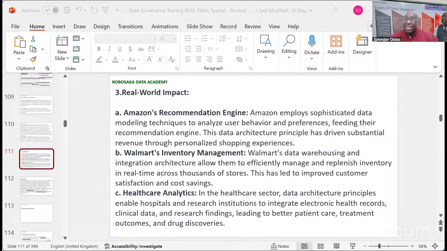We also have healthcare. We've touched on this real world impact of data architecture, because don't forget it's a structural framework that needs to be put in place to make things simple from one end to another.